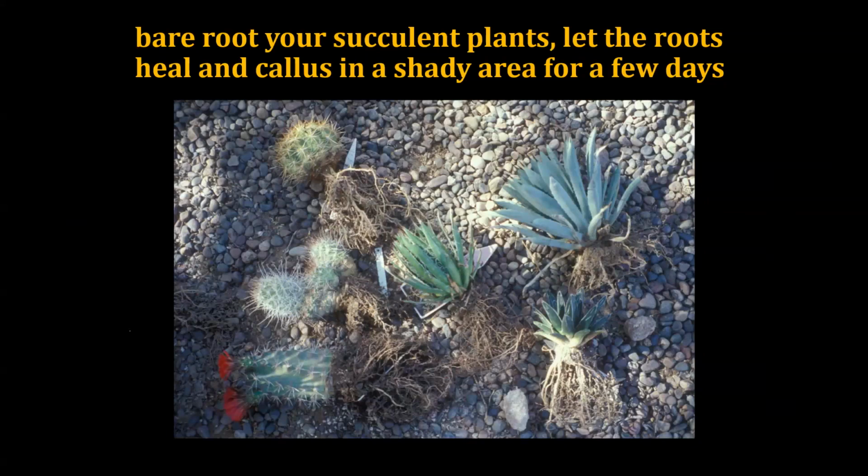Oftentimes the soil that our plants are grown in at the nursery is a mix, a lot of times, to just make these plants grow as fast and robust as possible. And it is very different from our desert soil. So I really do recommend shaking, removing, or washing the soil from the root system of your cactus or other succulents, and then plant it just in our desert soil.